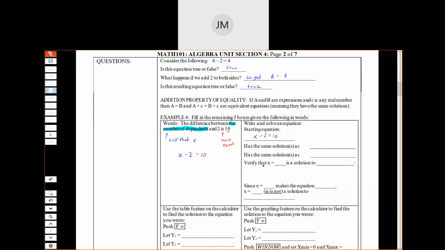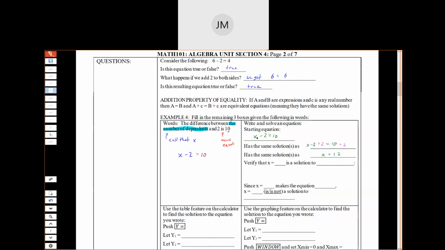This has the same solution as the equation where I add 2 to both sides. So if I take x minus 2 and add 2 to the left, and add 2 to the right, then my new equation, minus 2 plus 2 is 0, so I have x, and 10 plus 2 is 12.